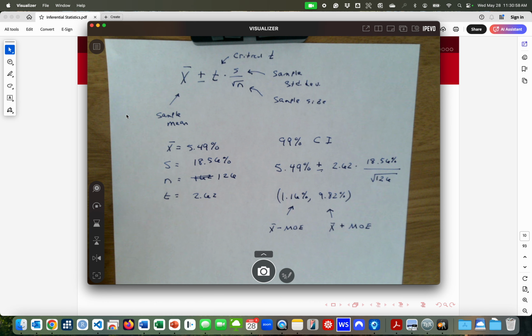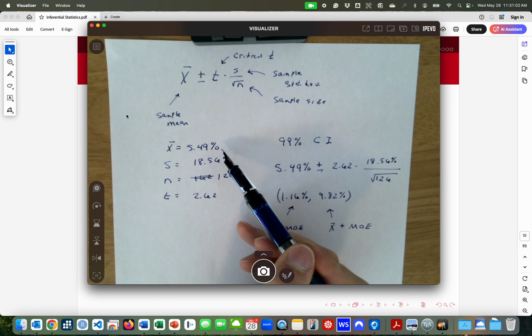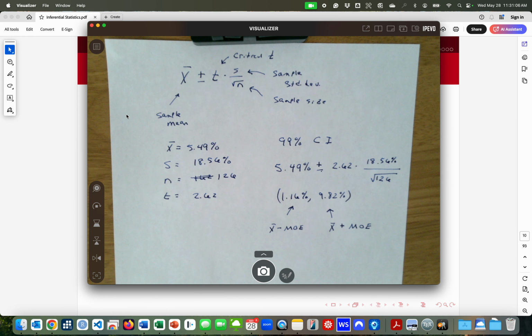That's what a confidence interval is. We can't say I'm 99% confident the true mean is 5.49%, because you're 100% wrong if you say that. This just says I'm 99% confident that that interval contains the true monthly return for Tesla based on the sample that we have collected.